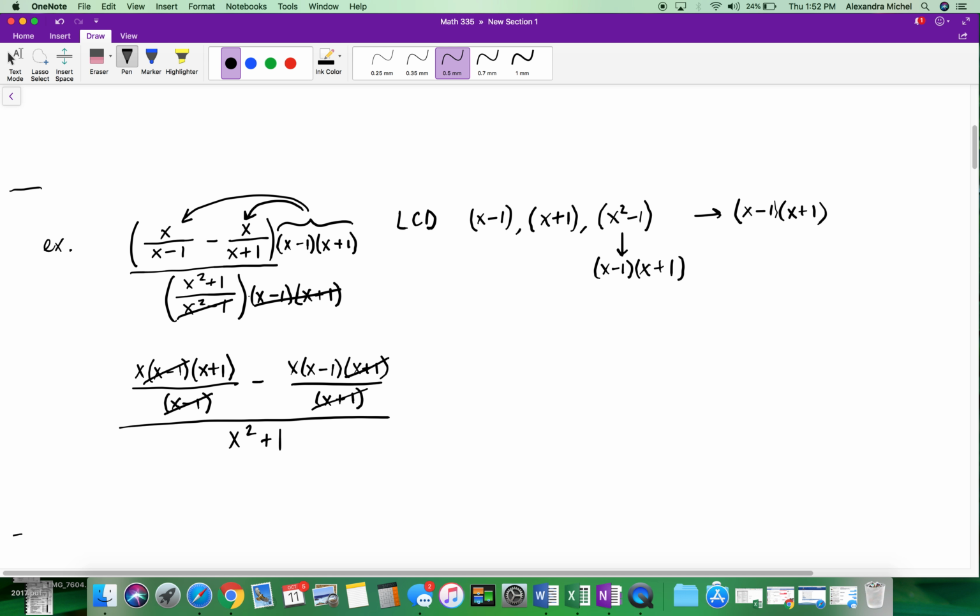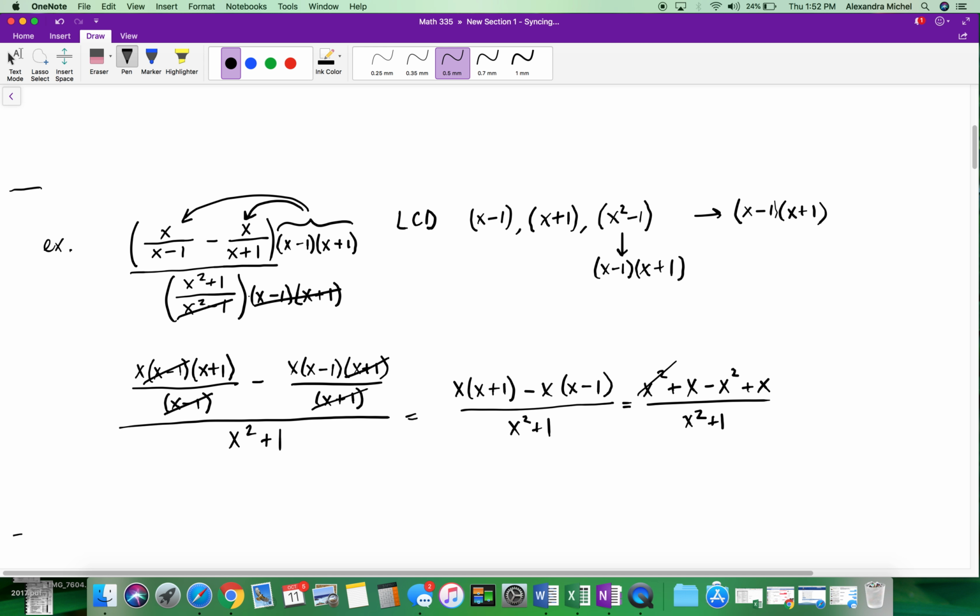So if I rewrite the numerator, I should have x times x plus 1 minus x times x minus 1 all over x squared plus 1. And if I distribute things on the top, I'll have x squared plus x minus x squared plus x, distributing this negative sign, all over x squared plus 1.